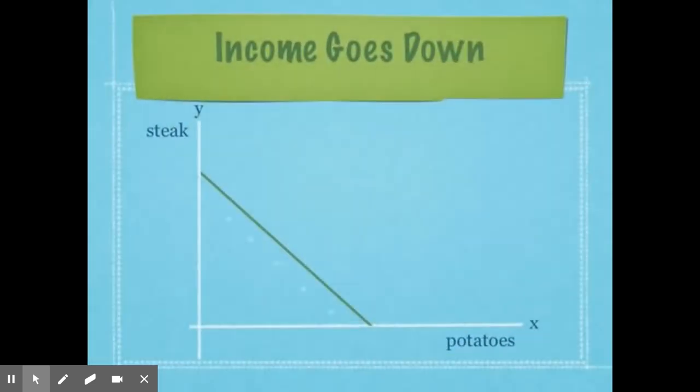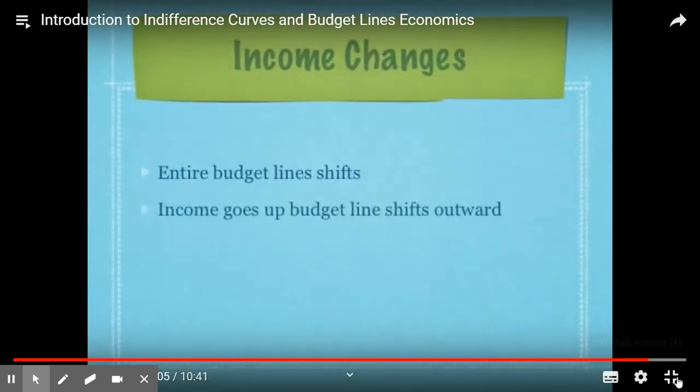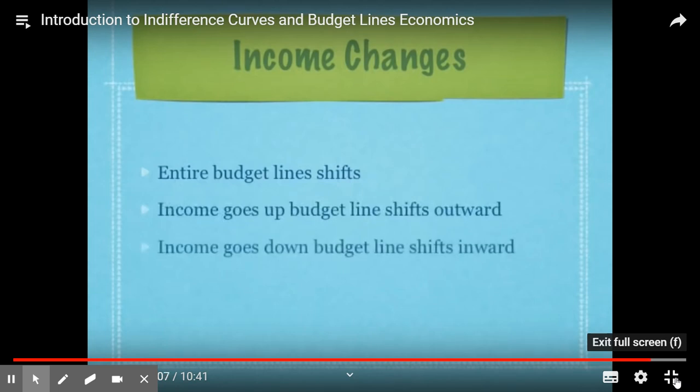If income goes down, you can buy less of everything. So you see an entire shift of the line. Income changes, entire budget line shifts. Income goes up, budget line shifts outward. Income goes down, budget line shifts inward.